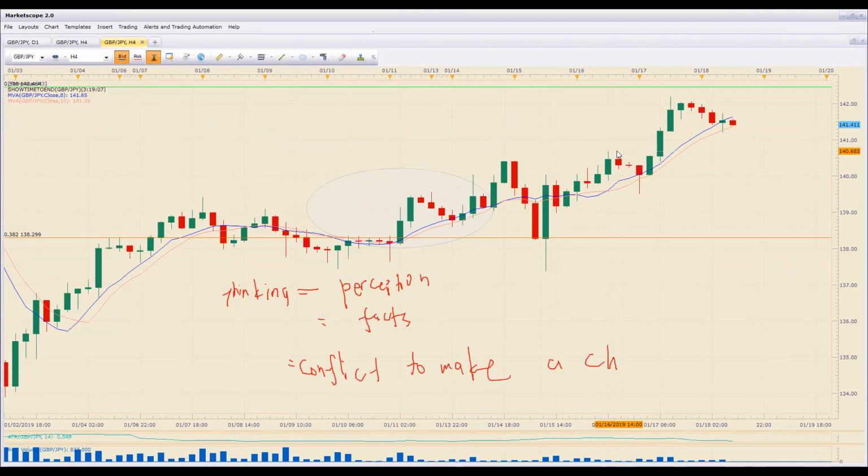Gotcha. So from what I can hear, you have a lot of conflict to make a choice. And definitely, that conflict is the reasoning based on the decision making process, decisions based on reasoning.